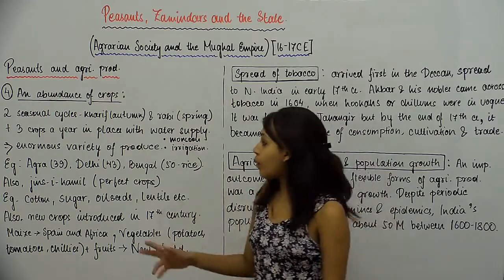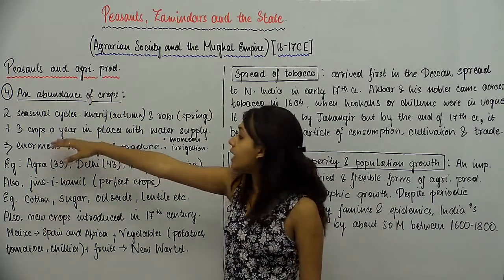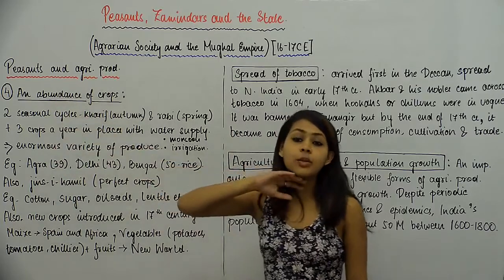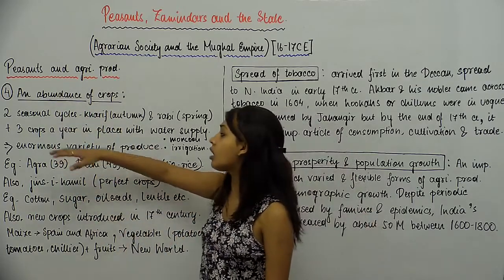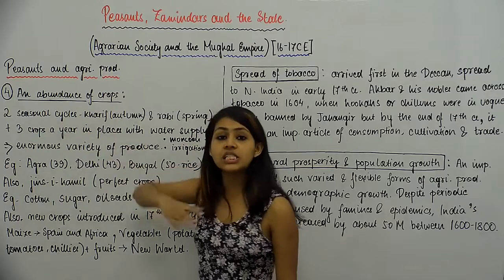So first we see the majority of areas in our country used to grow 2 seasonal cycles of crops.